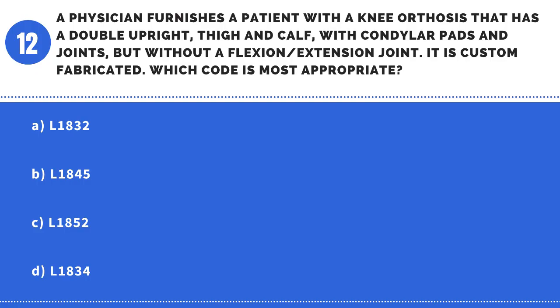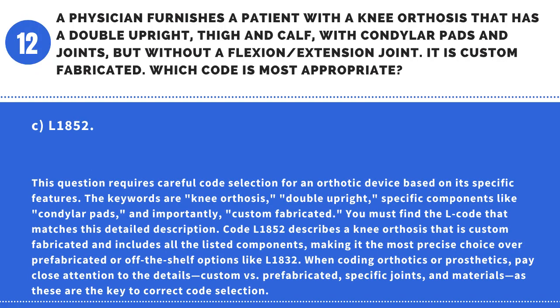Answer: C. L1852. This question requires careful code selection for an orthotic device based on its specific features. The keywords are knee orthosis, double upright, specific components like condylar pads, and importantly, custom fabricated. You must find the L code that matches this detailed description.